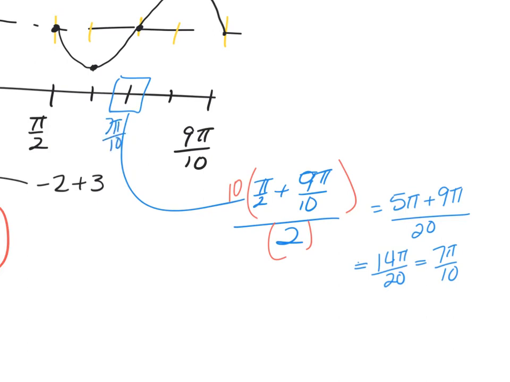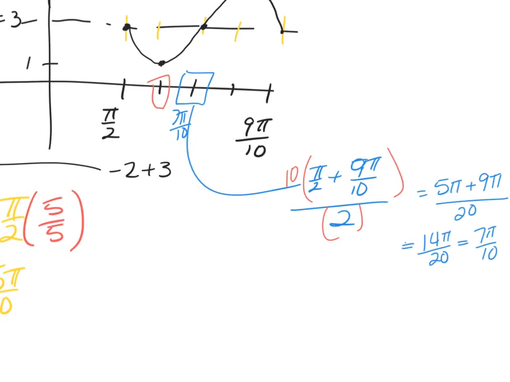Now, to find this key point, I do the same thing. I'm going to take pi over 2 plus 7 pi over 10, and divide it by 2. So again, I'm going to multiply by 10, because that is my lowest common denominator.